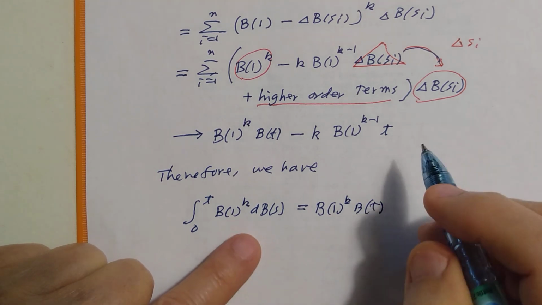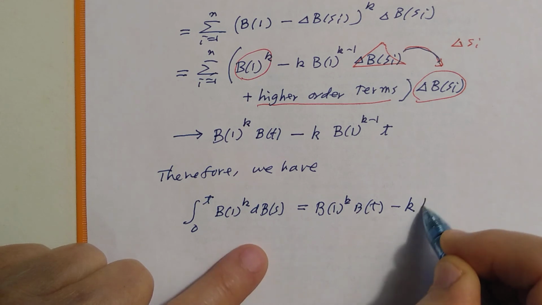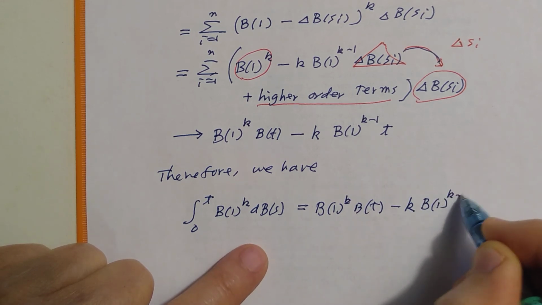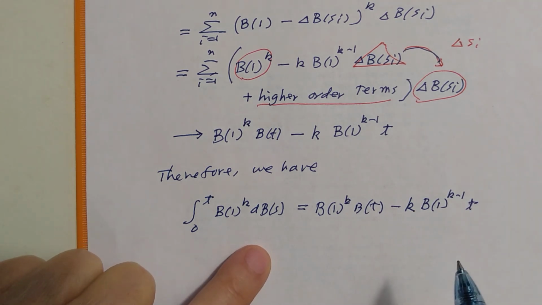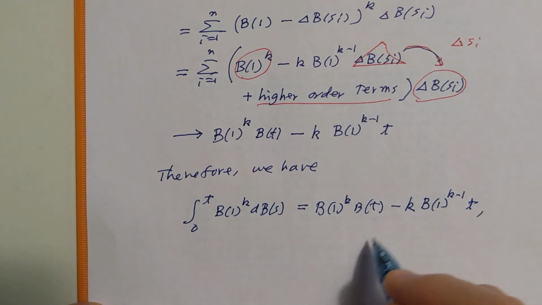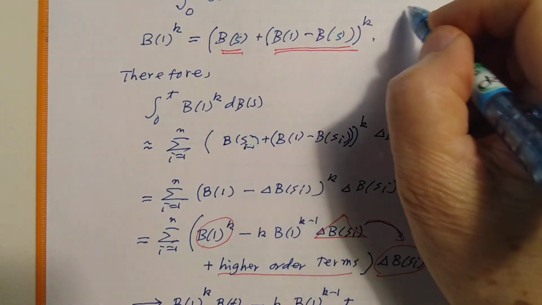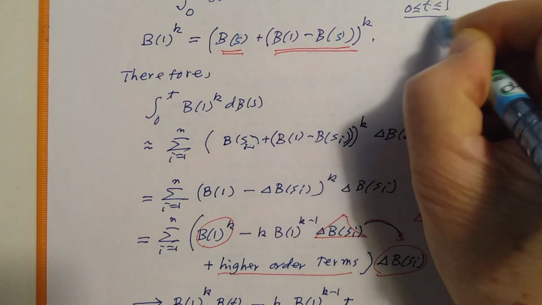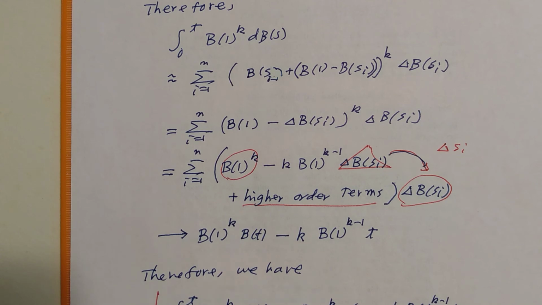But there's a correction term, namely minus k times B_1 to the power k minus 1 times t. And this is for t between 0 and 1. By the way, here I should mention that t is between 0 and 1. And so we have this equality.